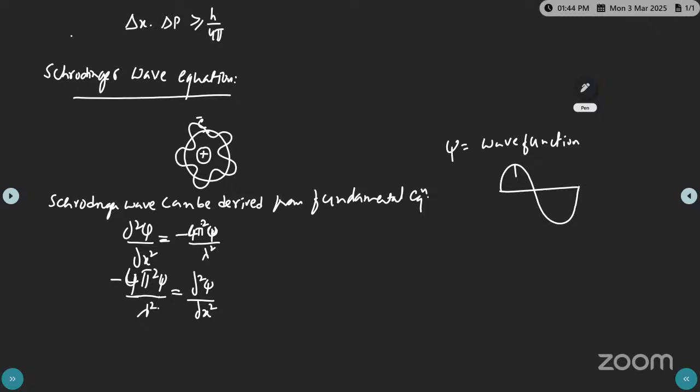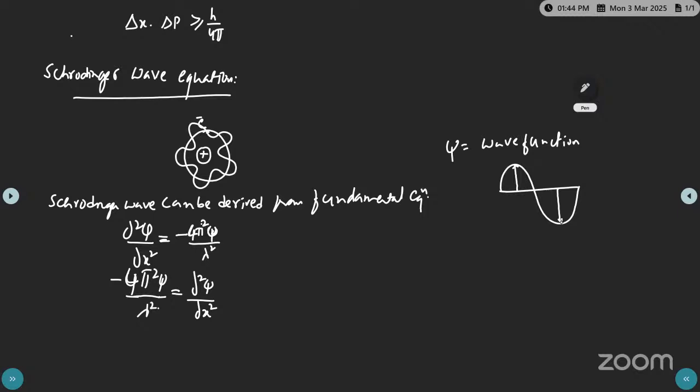The height of the wave is known as amplitude, and the depth of the wave is also known as amplitude. So wave function means amplitude of the wave.